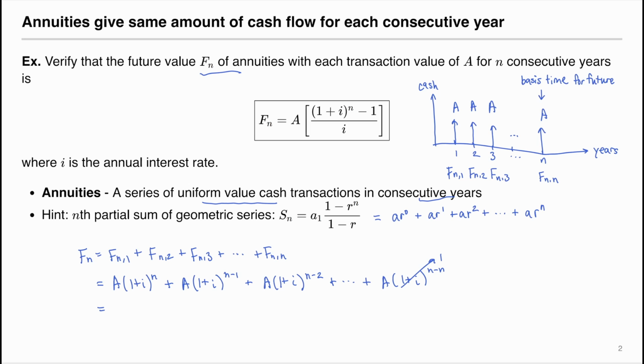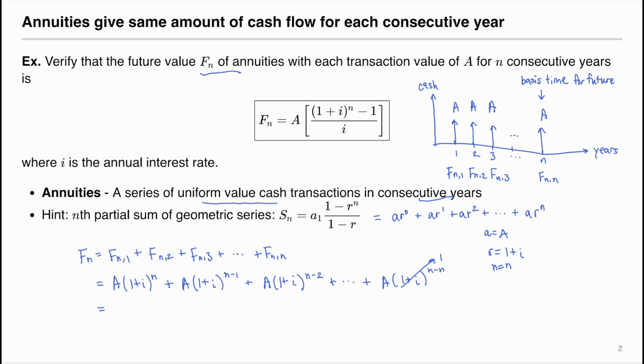In this case, we have a equal to big A that appears at each term. And then we have R equal to everything within the parentheses which we have exponents on. R is equal to 1 plus I. And then n is just equal to n because we have the same n.